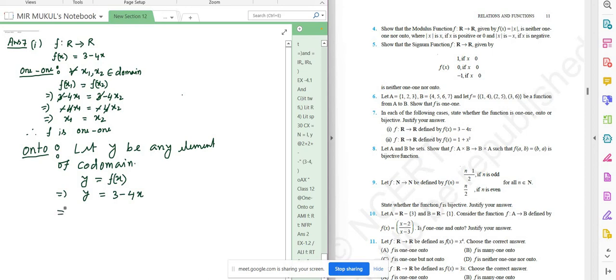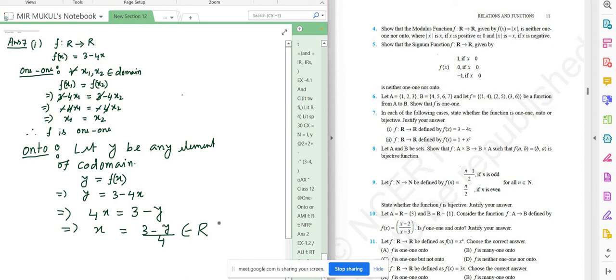Now solve the value of x. 3 minus y, then x equals (3 minus y) upon 4, and this will be what? Real. (3 minus y) by 4, always you will get real.